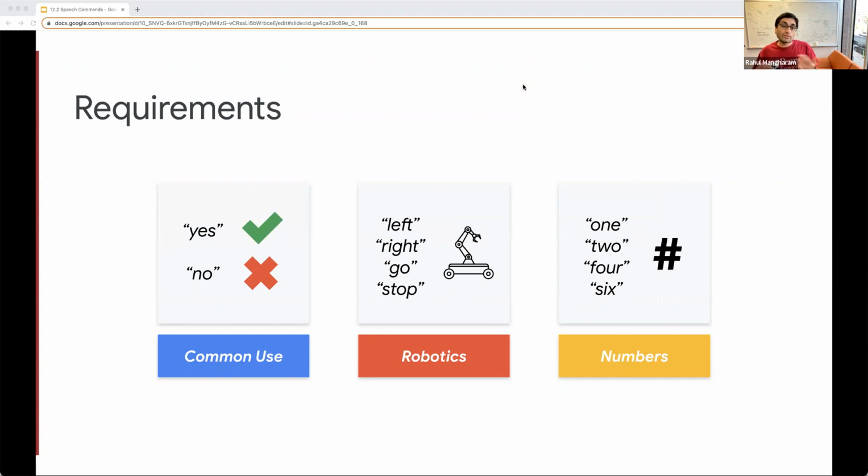Or for numbers, maybe you are on a telephone and you often say digits, like your credit card number or your social security number. The machine responds. So that's key to keyword spotting data sets. You go from 0, 1, 2, 3, 4 to 9, and those are the requirements.